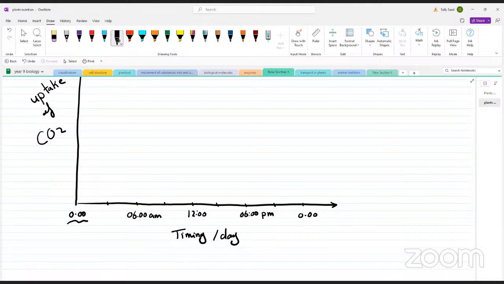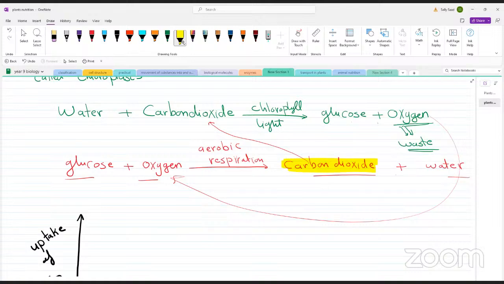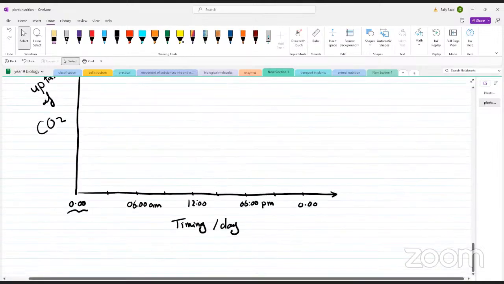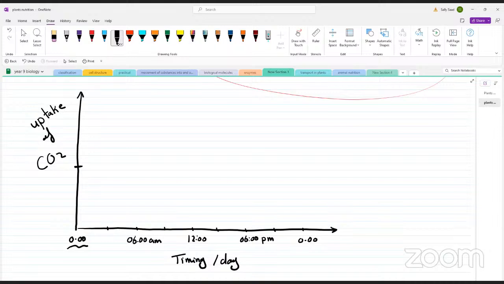So here there is respiration, no photosynthesis. This reaction is going on, and carbon dioxide is released and not used by photosynthesis, so carbon dioxide will be lost. I can say there is no uptake, but there is loss of carbon dioxide.